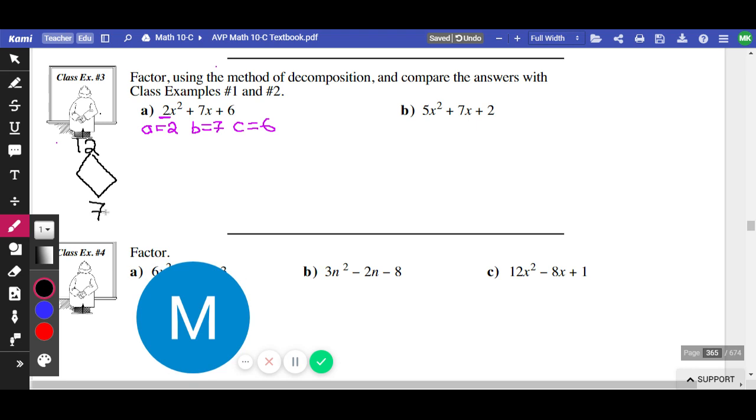All right, so far, nothing has changed. The sides of your diamond have to be 2 numbers that multiply to be the top and add to be the bottom. Still, nothing's changed. So 2 numbers that multiply, yeah. 3 and 4. Perfect.